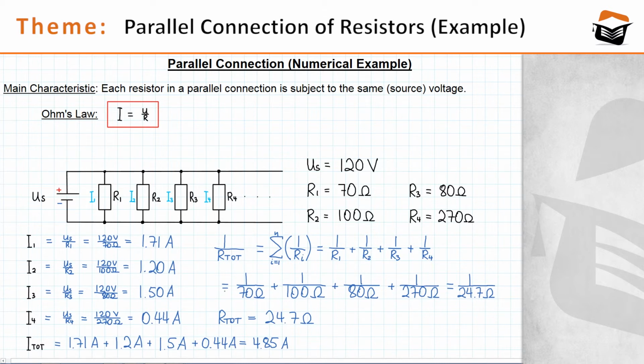And if you divided 120 volts by 4.85 amps, you would obtain the same total resistance as you see here. You may have a little different numbers as your final decimal because that's a rounding issue, but if you do it precisely, you should obtain the same value. So if you have computed your resistances and your currents and your total current, you can also calculate your total resistance by simply dividing the voltage by the total current.